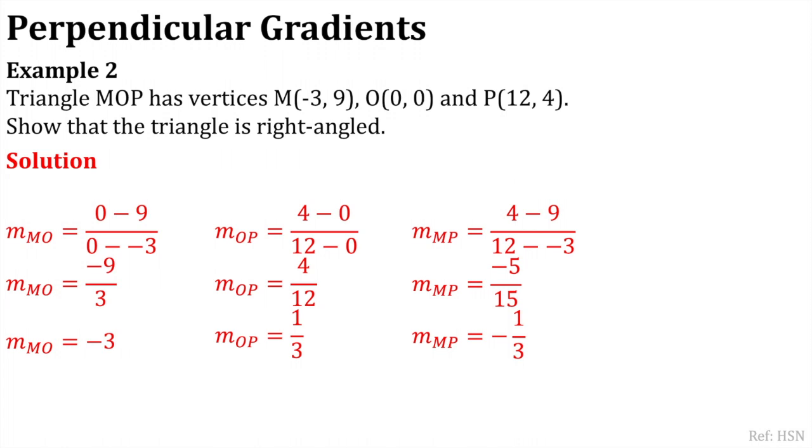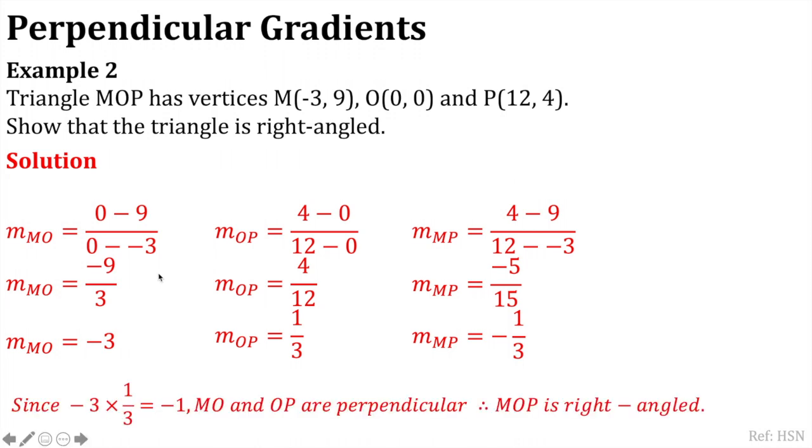Now, if we look at these three gradients, for a pair of these lines to be perpendicular to each other, i.e. so that the triangle has a right angle, the product has to be negative 1. So if we look at the negative 3 here and the 1/3, since the product of negative 3 and 1/3 is negative 1, the lines MO and OP are perpendicular, and therefore triangle MOP is right angled.